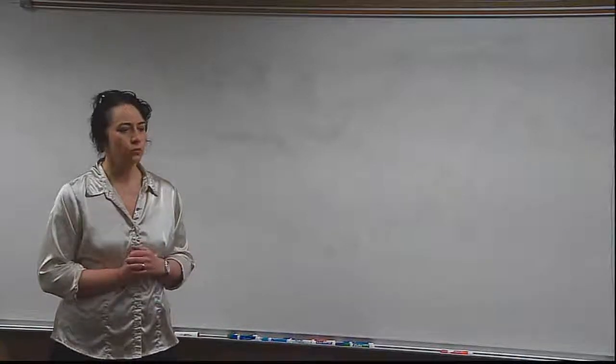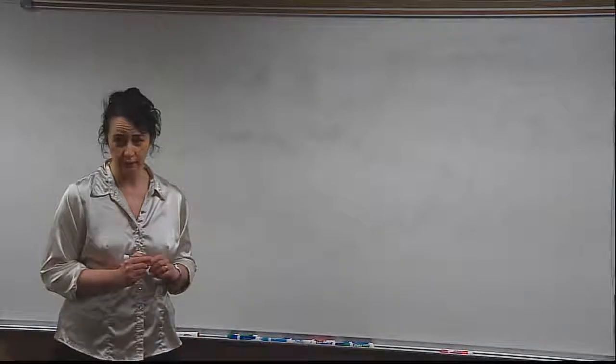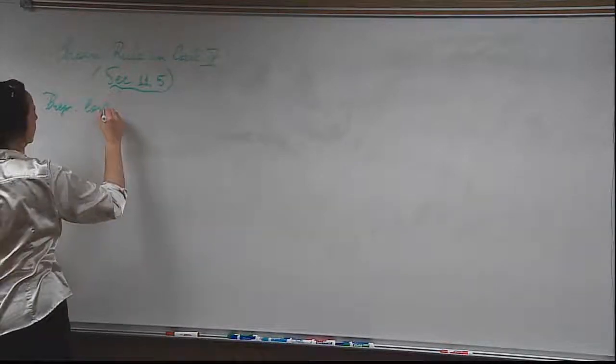Last time we discussed a little bit of a preparation for the chain rule in Calc 3. So the chain rule in Calc 3 was something pretty neat. Section 11.5, the preparation was done last time, but I'm going to review it a little bit.